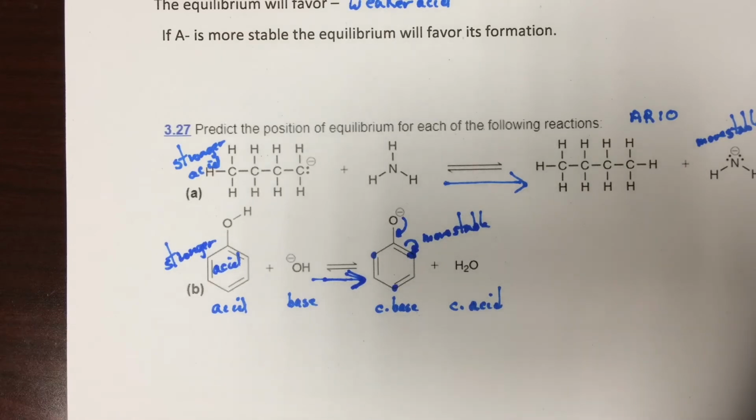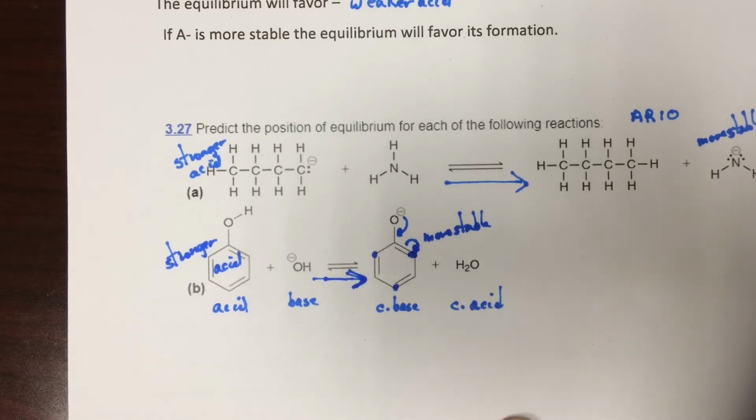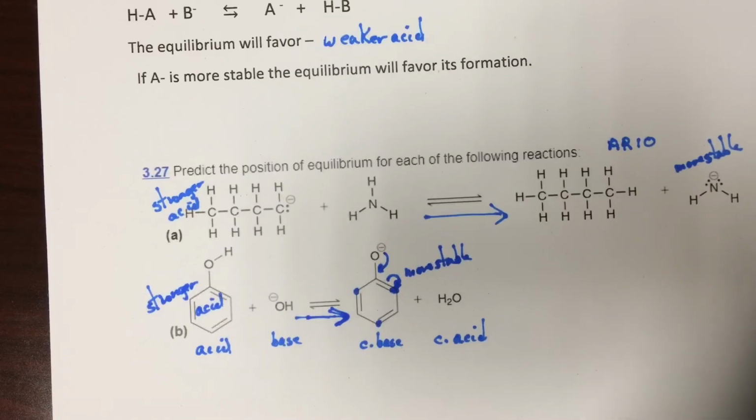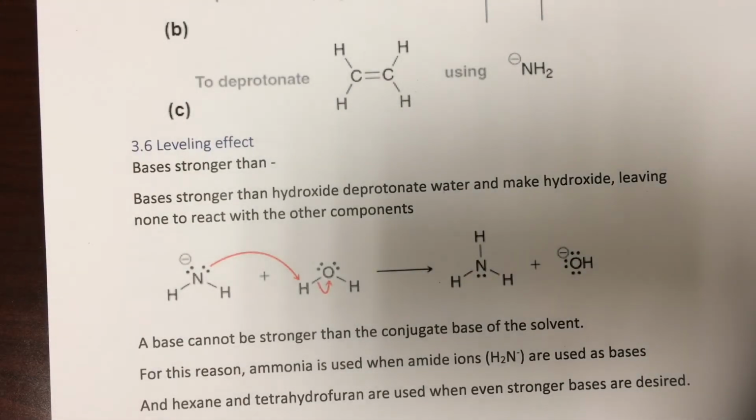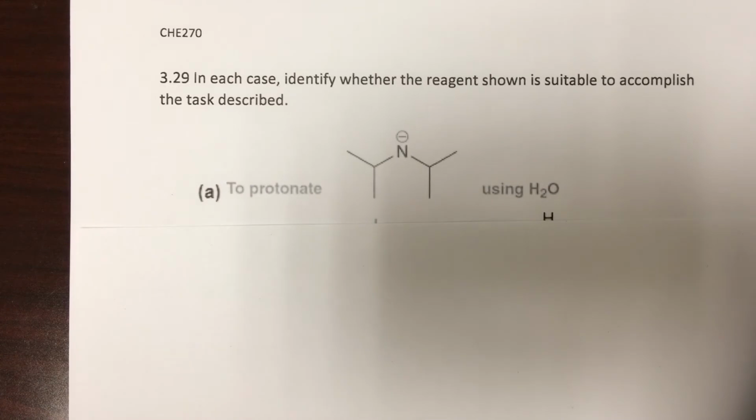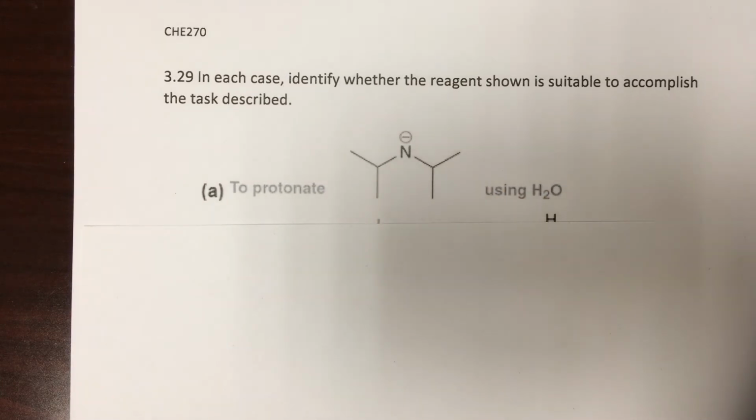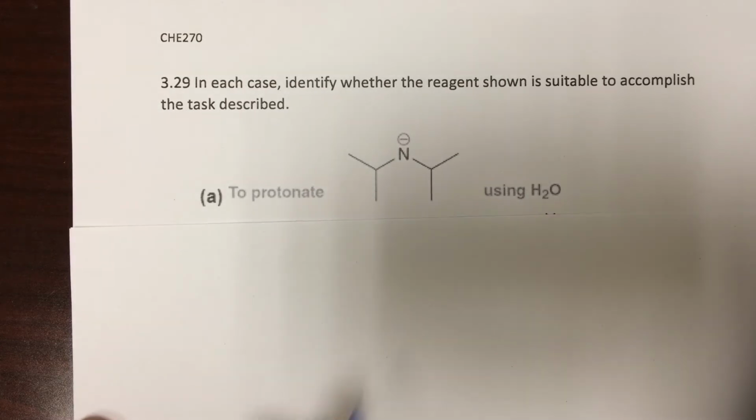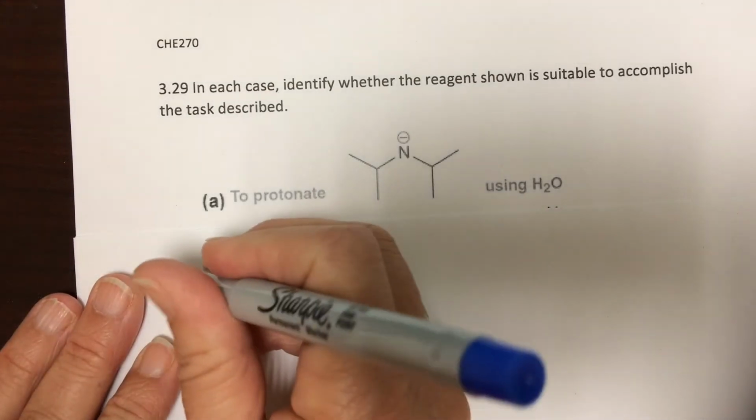We can also use this to figure out whether a reaction will occur or not. So let's look here. In each case, identify whether the reagent shown is suitable to accomplish the test described. So we want to know if we can protonate this compound using water. These are our two reactants.